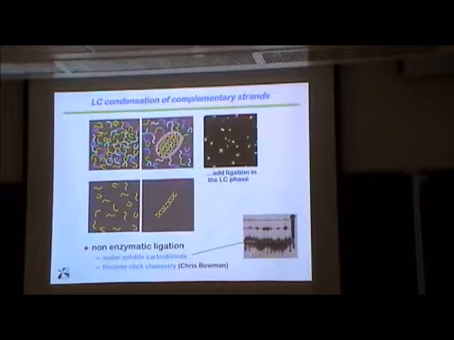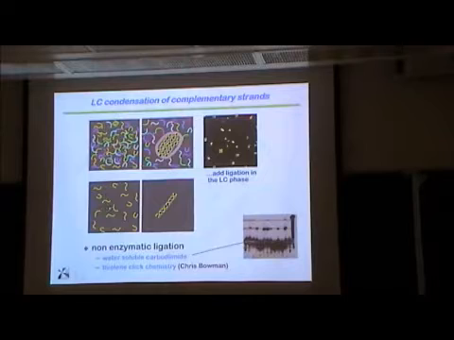Not enzymatic ligation, non-enzymatic ligation. For example, one thing that's being worked on now is to have the little green spots be thiols and the little red spots be enes. Then you can photoligate these chains.